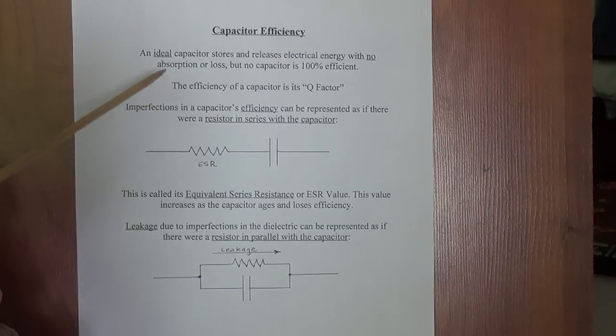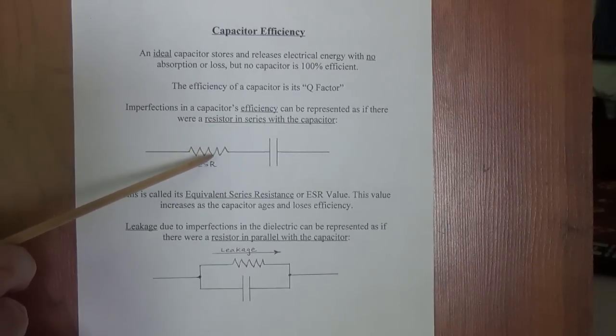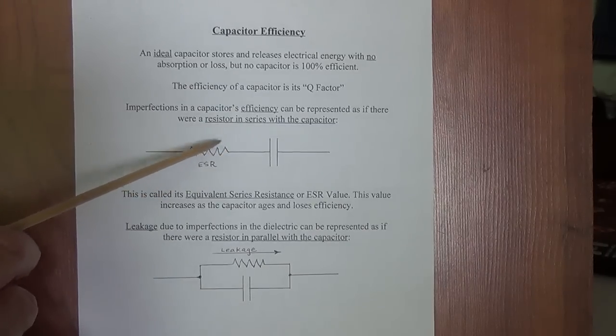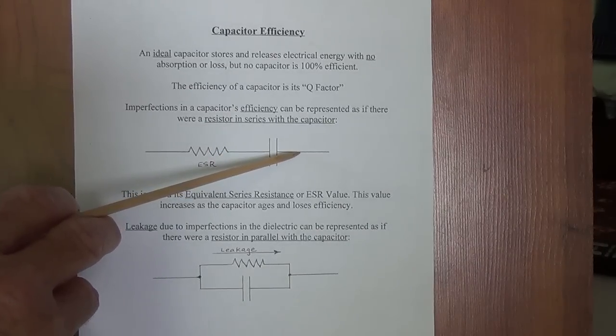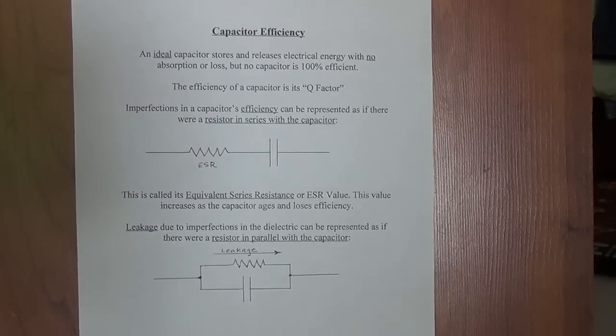But since we know that they cannot be 100% efficient, we can represent their inefficiency with a resistor in series with the capacitor, which will reduce the voltage seen over here and represent how inefficient the capacitor is.